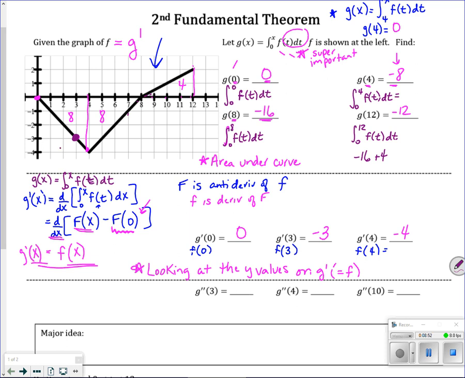So isn't it saying I want the derivative at that point? Well, miraculously, these are all lines. So what I'm going to be doing, I am looking at the slope on g prime, which would be, of course, the derivative of g prime, which is g double prime, at a particular x value.